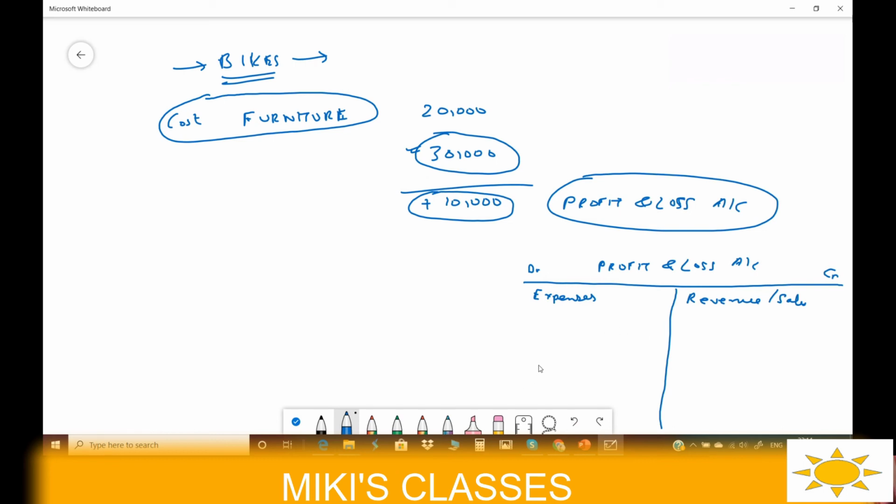And the balance of this account is what you call, suppose the revenue is 1 lakh and you have made expenses total of 0.5. This is the cost at which you bought the bike, your transportation expenses, all kinds of expenses will be listed on this side. Now, this 0.5, which is the difference between this side and this side, will be the profit automatically. Okay. So the balance of this account is what shows the profit, right?